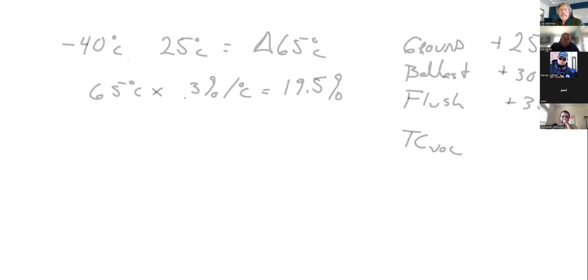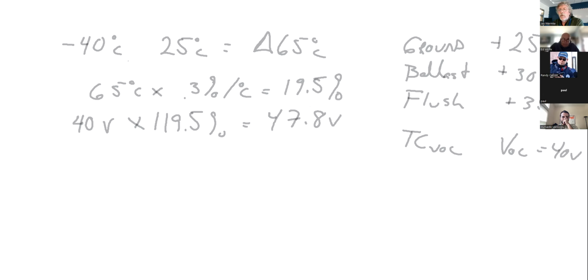So if the VOC on this particular panel is 40 volts, I would take that times 119.5%, because I get 40 volts plus 19.5%. So 40 times 1.195 is 47.8. On the coldest day ever, that panel might produce 47.8 volts at that location.